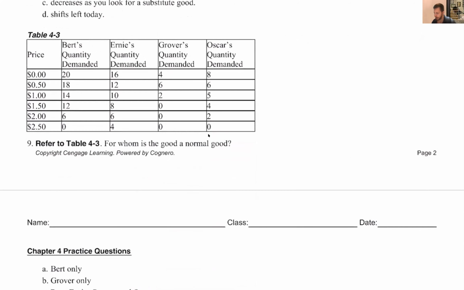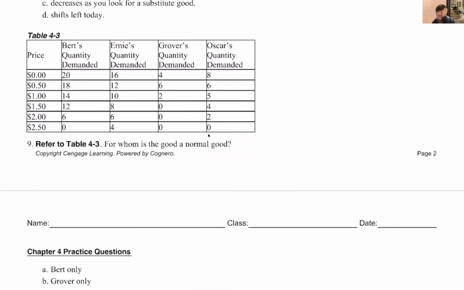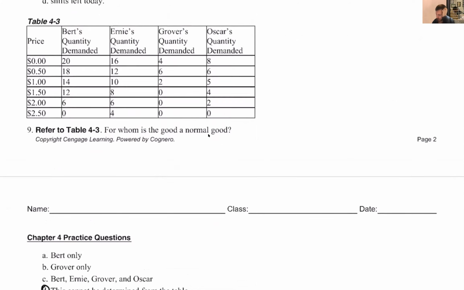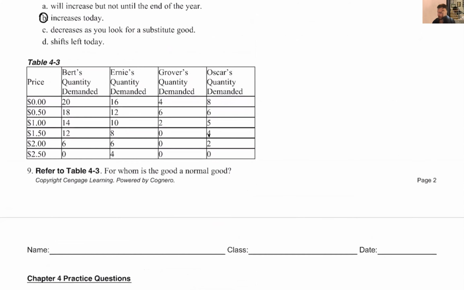Refer to table 4.3. Which of these is the price of a normal good? Kind of a trick question. It looks like an analytical one, but here you just have to recall that a normal good refers to one's own income, because an inferior good is one where, if your income rises, you tend to buy less of it.